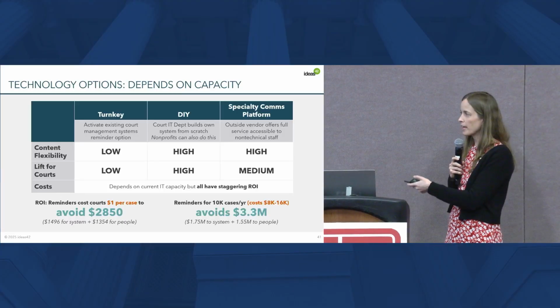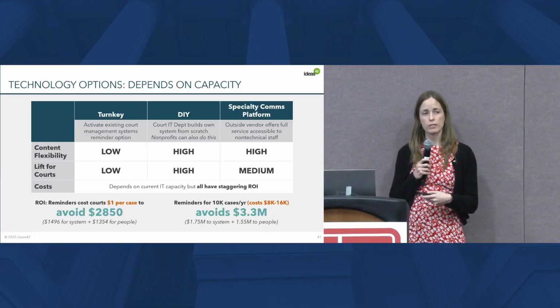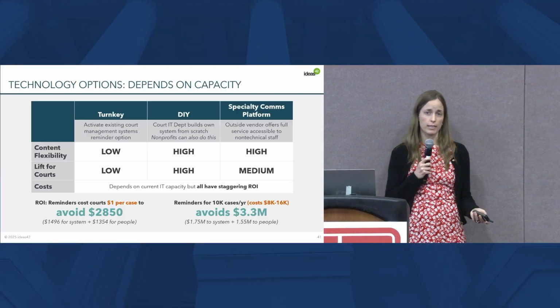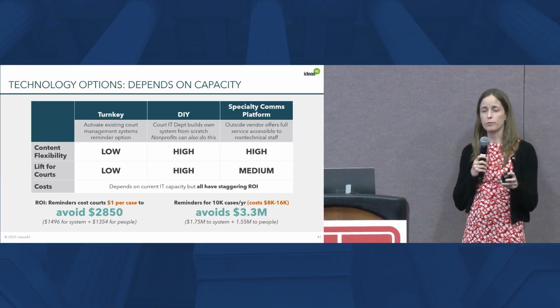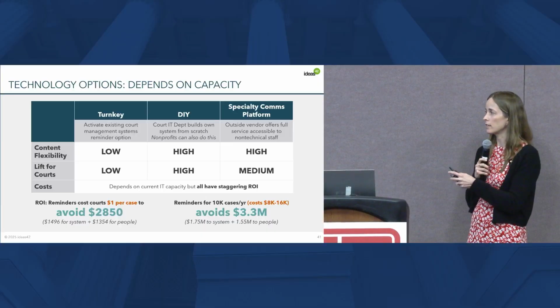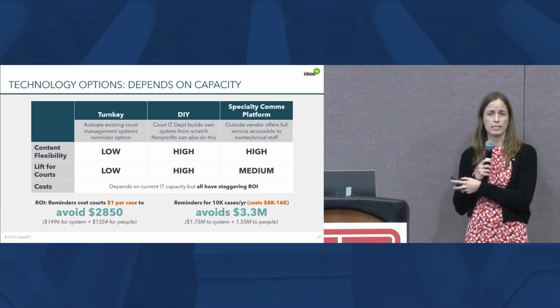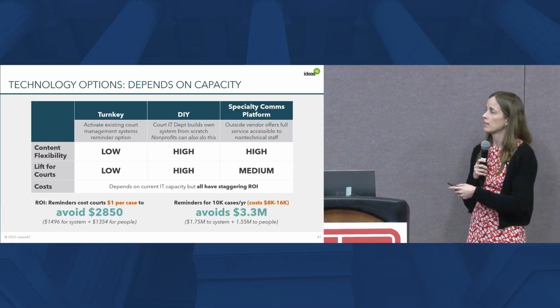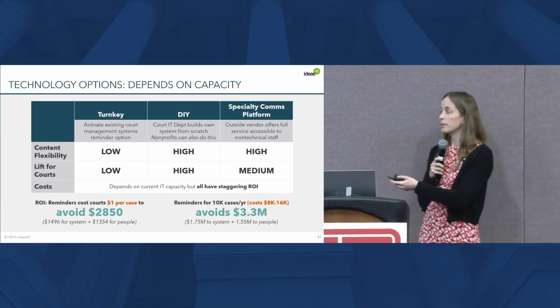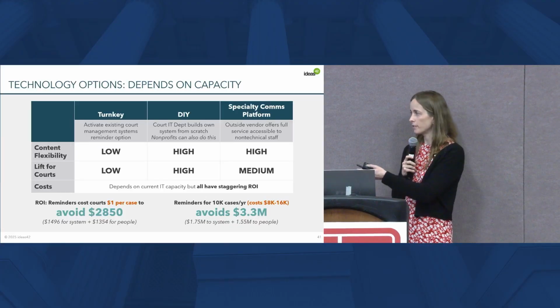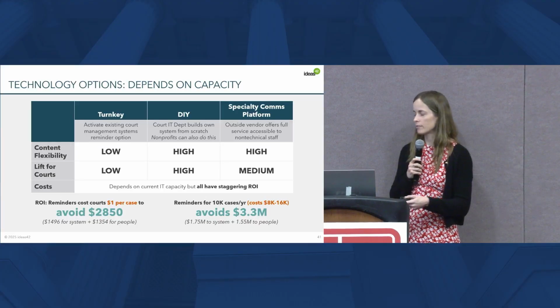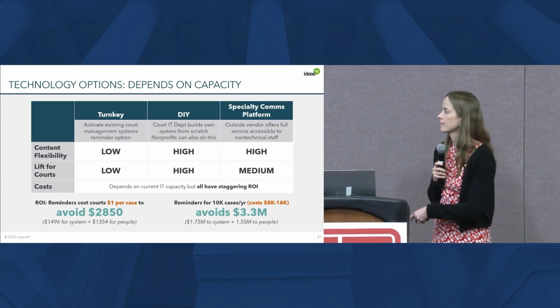To put that another way, if you want to set up a reminder system that covers 10,000 cases a year, the estimates that we've seen from vendors show that it's going to cost you $8,000 to $16,000 to do that. But it helps you avoid millions of dollars in costs, including $1.75 million directly to the government.